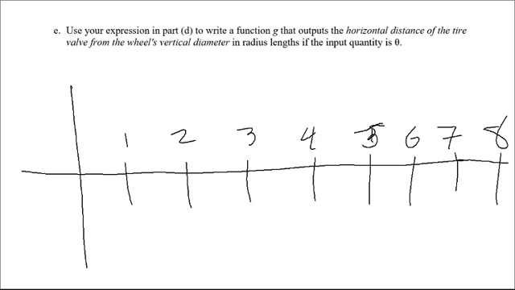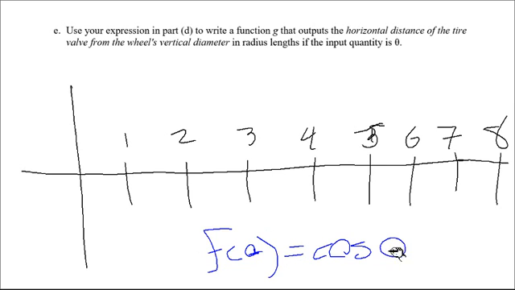And if we were to graph f of theta equals cosine theta, we're going to complete a cycle after about 6.28, so up to about right there.